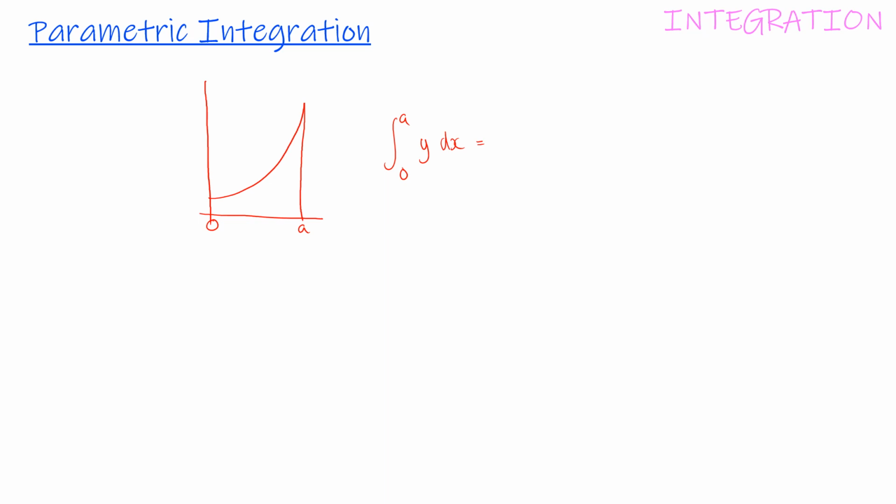Next, let's have a look at parametric integration. So if we're trying to find the area trapped between two limits on the x-axis, so we'll be integrating with respect to x, and our limits will be the values on the x-axis. If we are given our curve in terms of a third parameter, say t, we can integrate and we can find the limits in terms of t from the x equation.